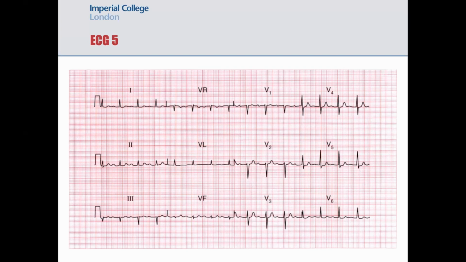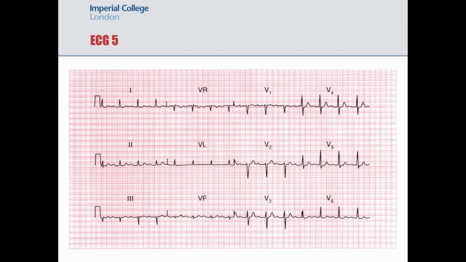If you compare this to the ST elevation we saw earlier, you can actually see the ST segment is not elevated. Essentially, this is first degree heart block.